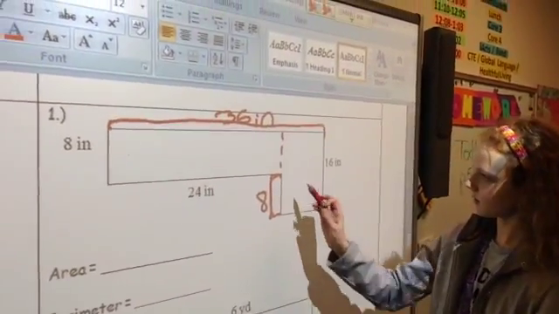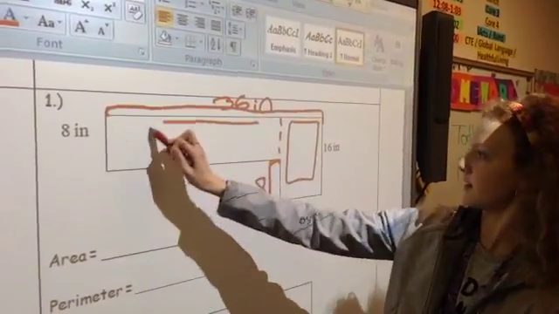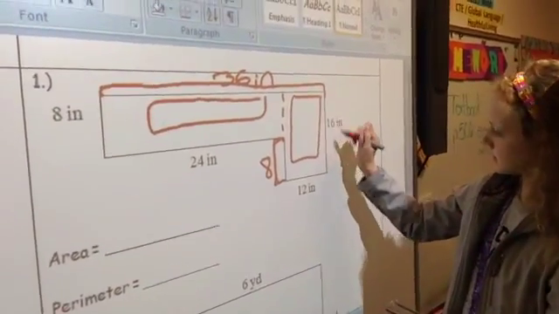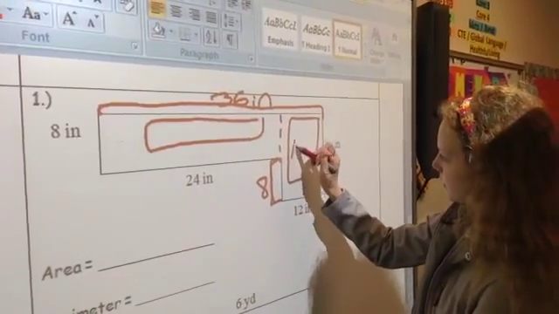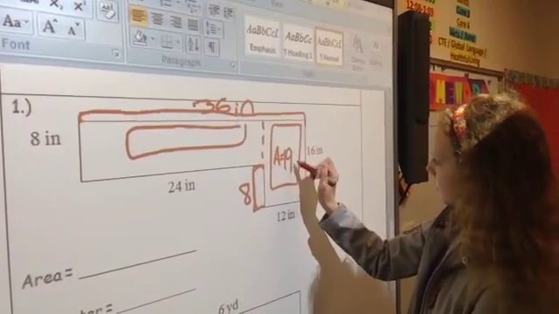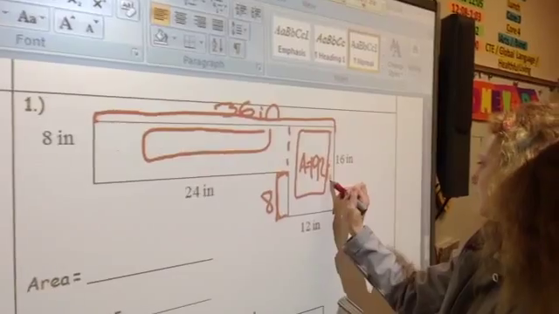And then to find the area of this shape, since I divided into two areas, I did 16 times 12, and I got area equals 192 square inches.